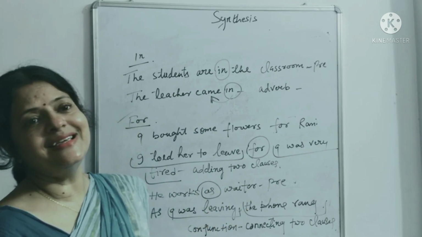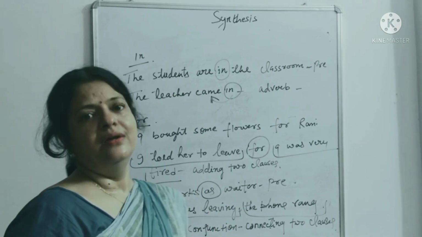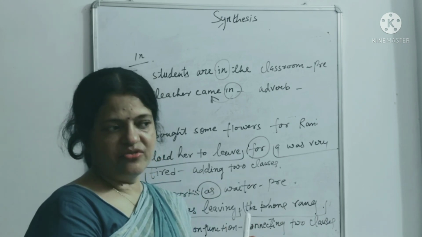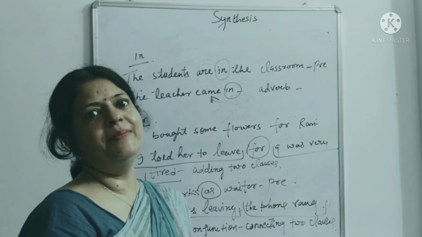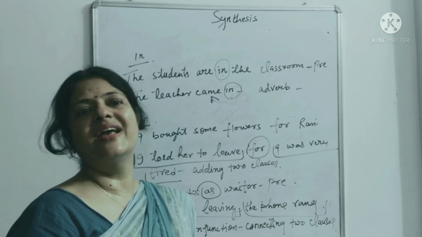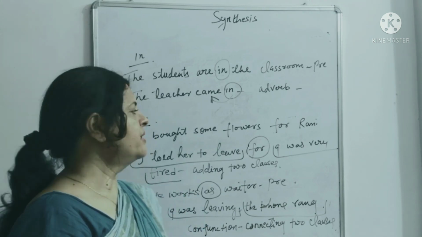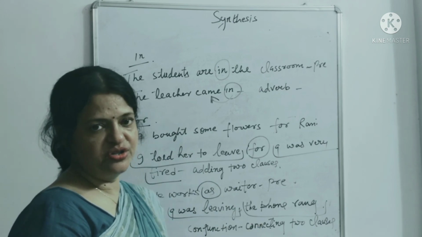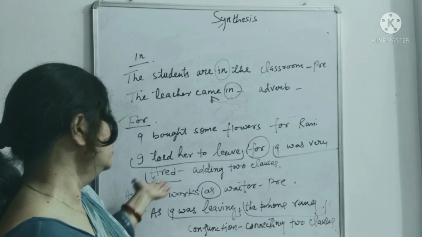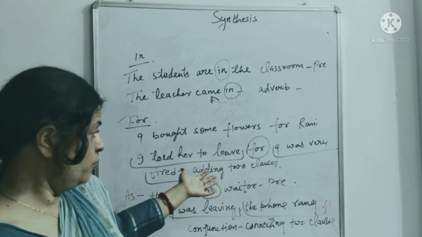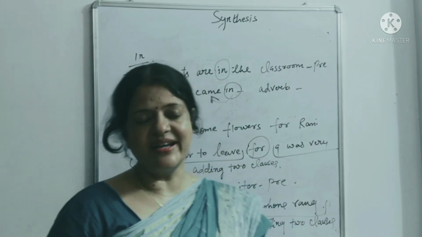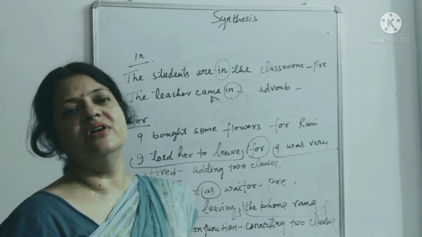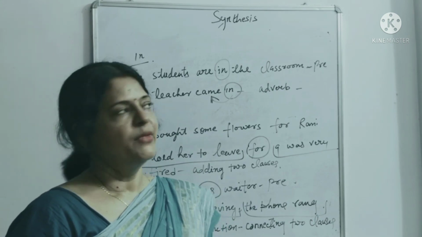So a preposition, if it comes right before the noun or pronoun, only then it can be a preposition. Otherwise it can work as an adverb. Sometimes it works as a conjunction to add two clauses, two phrases or two sentences. And sometimes it works as an adverb.